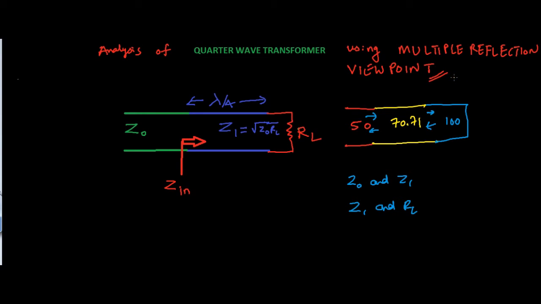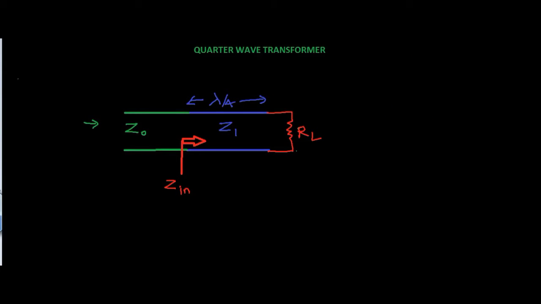So let's see how the multiple reflection viewpoint analysis is done. Our concern was that at these two interfaces, interface 1 and interface 2, the impedances are not matched. Then why have we not considered those reflections?